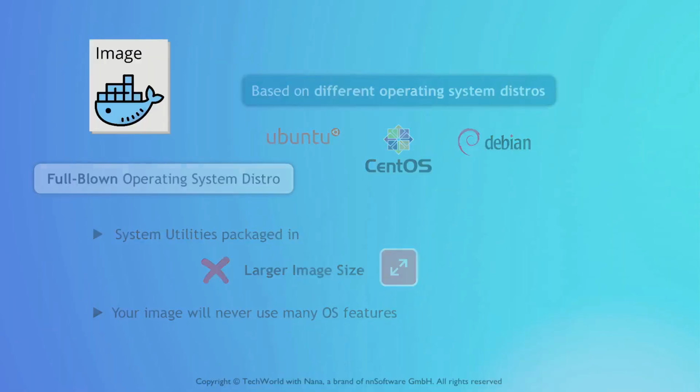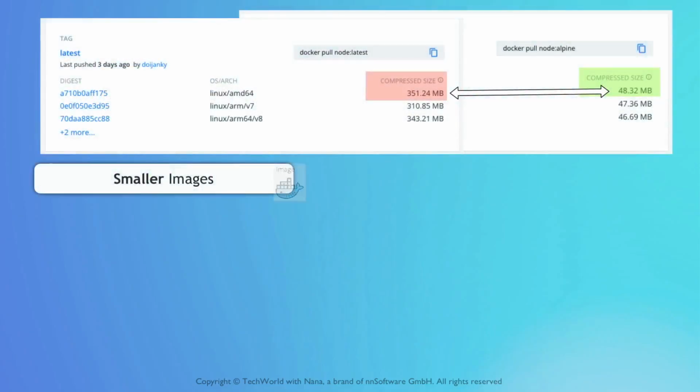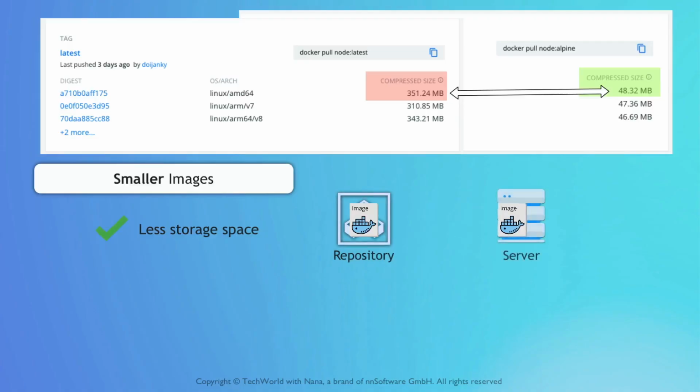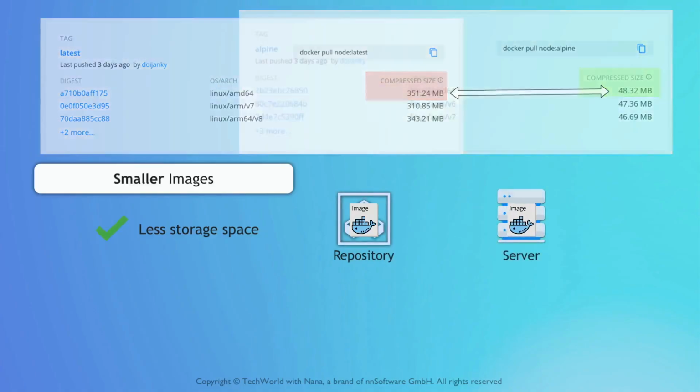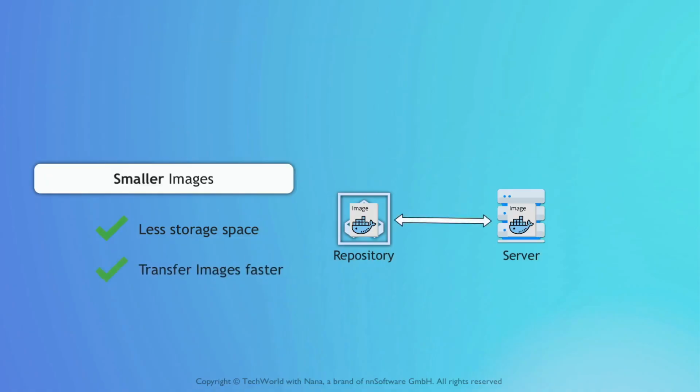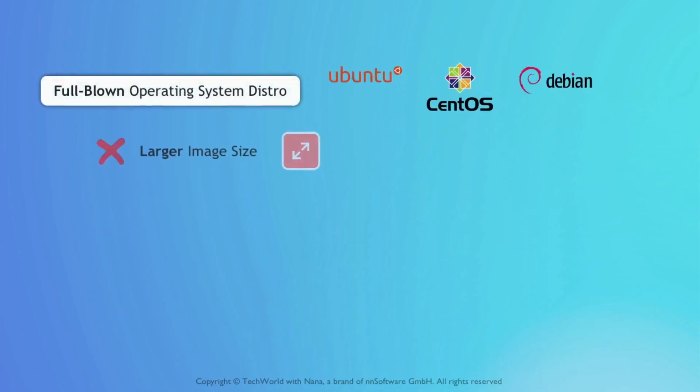In contrast, having smaller images means you need less storage space in the image repository, as well as on a deployment server. And of course, you can transfer the images faster when pulling or pushing them from the repository. Now, in addition to the size, there is another issue with images based on full-blown operating systems with lots of tools installed inside.